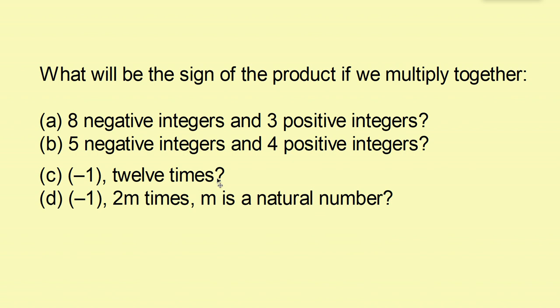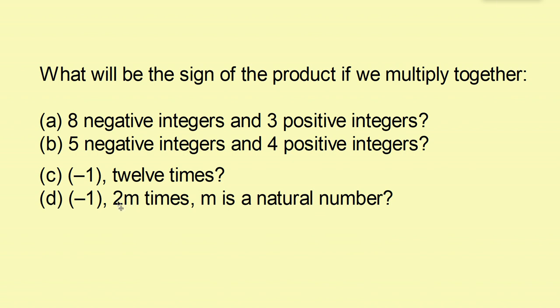Negative 1, 12 times. 12 times negative 1 into negative 1 into negative 1. 12 times means it is even times. So answer is positive. Negative 1, 2m times. M is a natural number. 2m times means 2m is an even number.